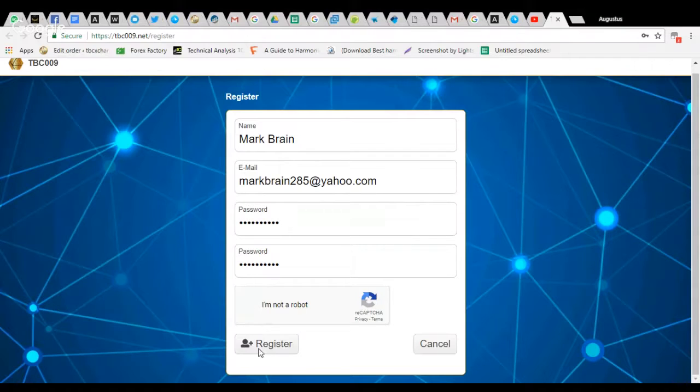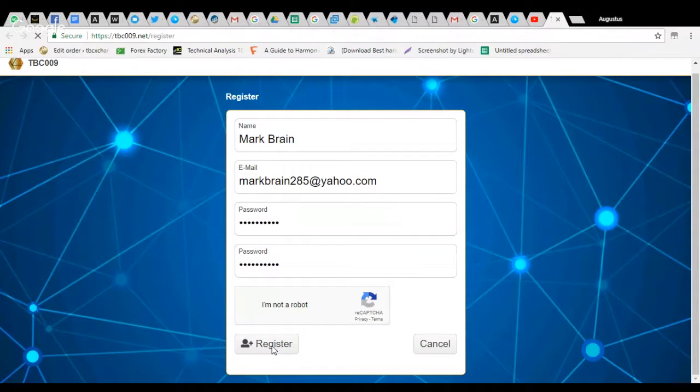Put my name there again, put the email there, and then put your password.